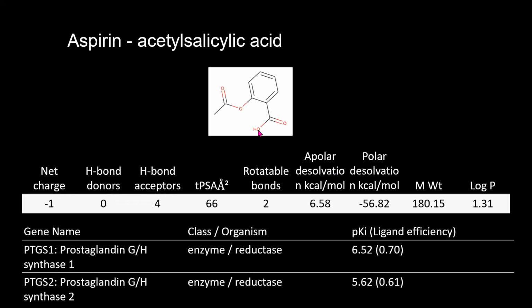When this is not dissociated, then you have no charge. So 4 acceptors. Okay, then total polar surface area. Polar means more of a hydrophilic. Hydrophilic means more of water loving. Hydrophobic is more of lipophilic or more of a lipid loving. Rotatable bonds, it's got 2 rotatable bonds.